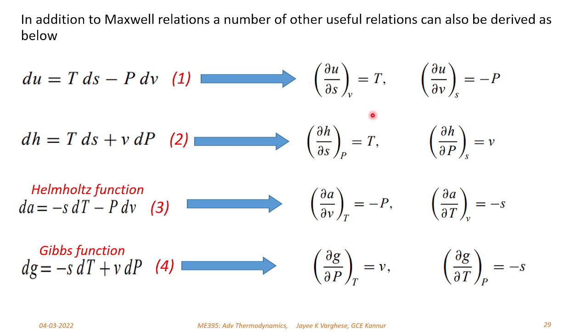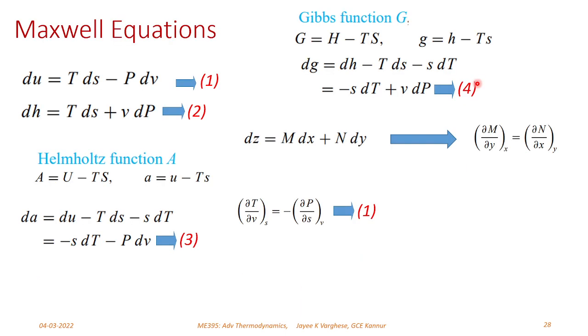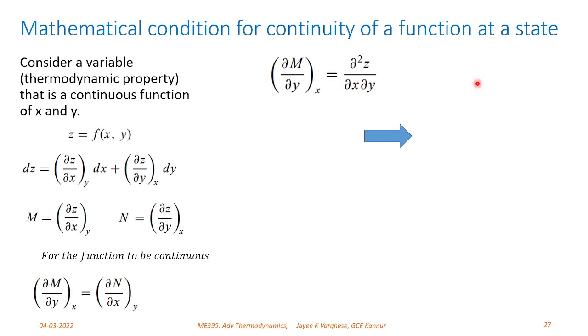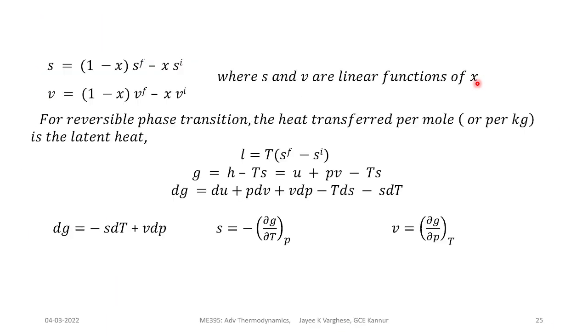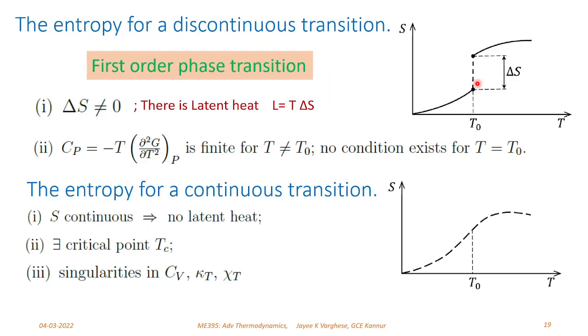So dou U by dou S at constant volume equals temperature, and dou U by dou V at constant entropy equals minus pressure. These relations can be used here also in defining the phase transition.